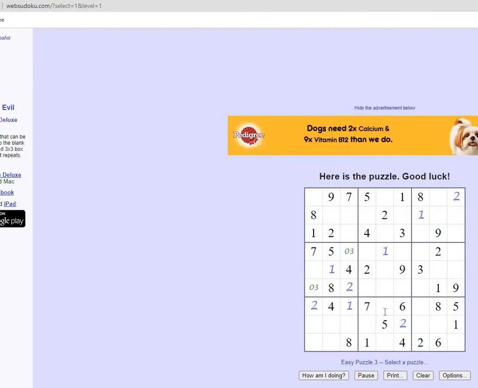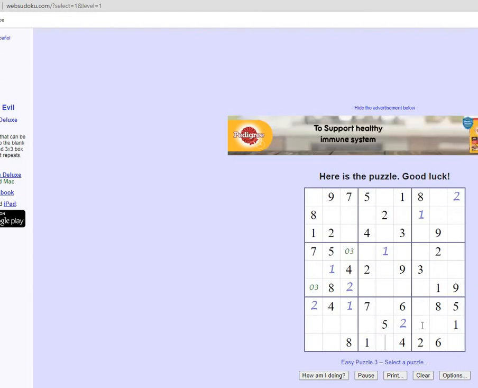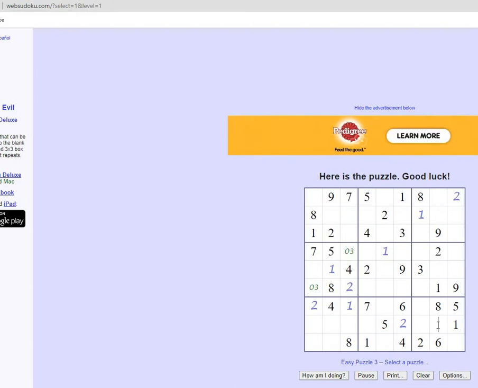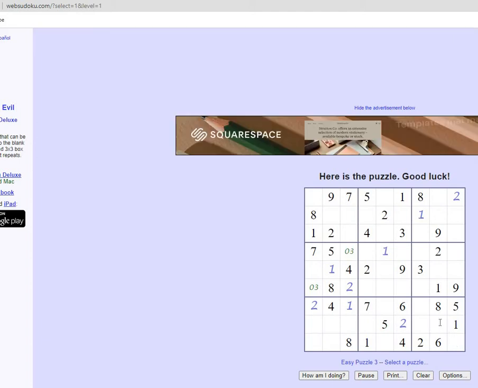This box, there are 3 possible locations. And in this box, 3 is at the left side. So the only possible locations of 3 are here and here. So we put it as a pencil mark. Okay. What else? I think we're done.